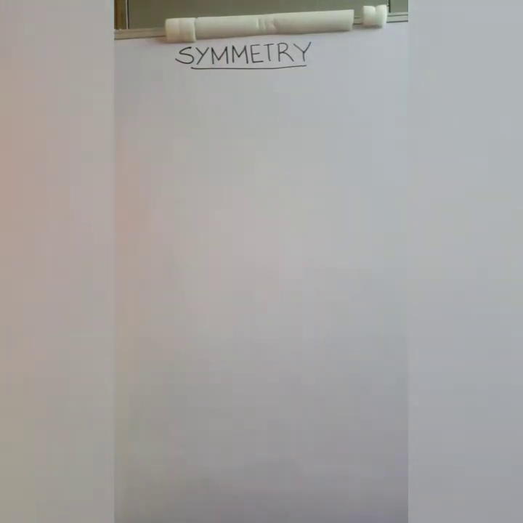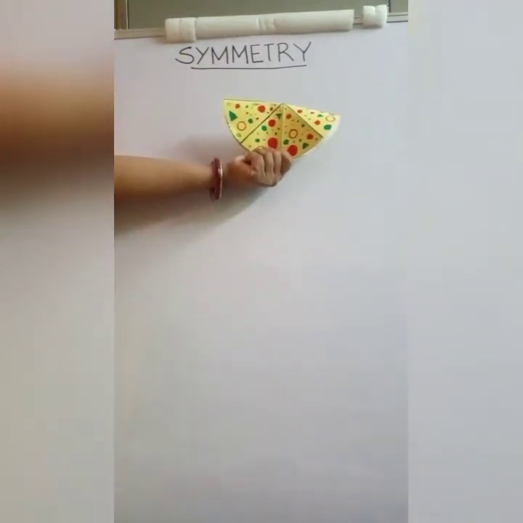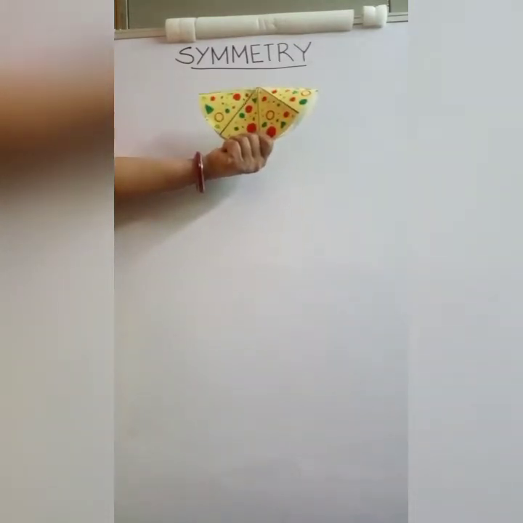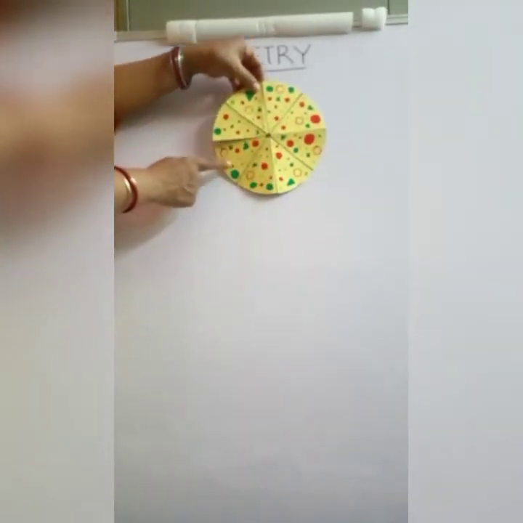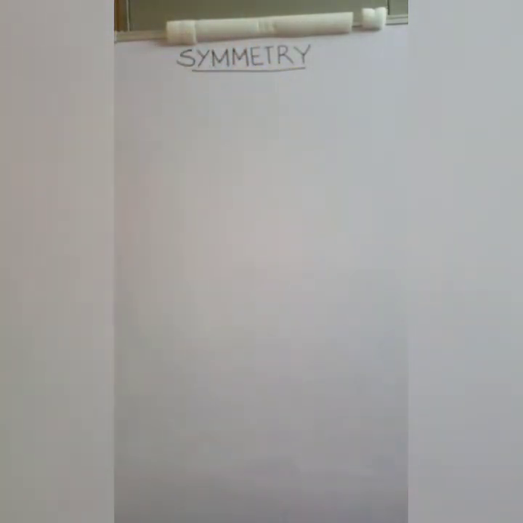All the places or lines where we fold a circle, we cannot see the other half. They overlap each other. So this is the line of symmetry for the circle. This is the diameter of the circle. So we can draw infinite diameters in a circle. Similarly, a circle has uncountable lines of symmetry.